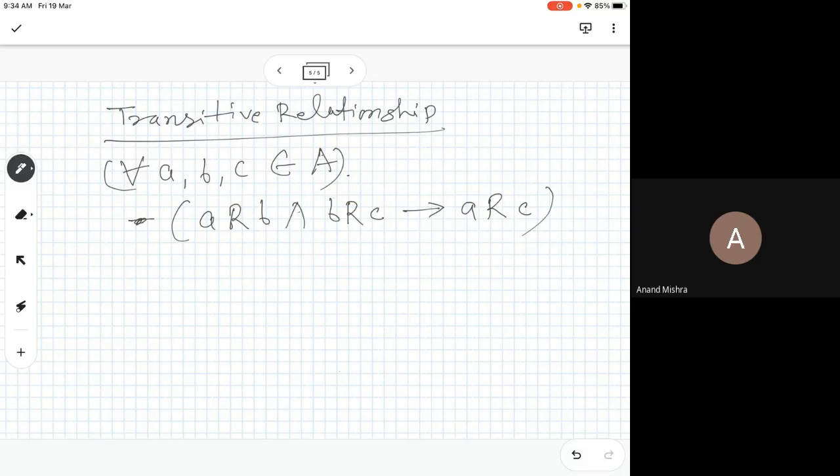So 'friend of' cannot be the right example for a transitive relationship, but equal to is a right example of transitive relationship, because if a number is equal to some number, then everything is equal, so you don't have to really check. Many other examples you can think of in the transitive case.